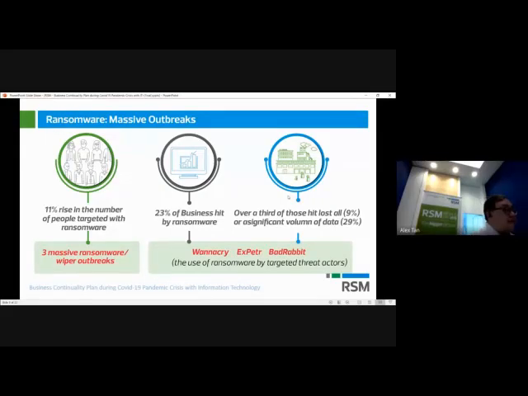The WannaCry ransomware attack had a substantial financial impact worldwide, with an estimated $4 billion in losses to the globe.